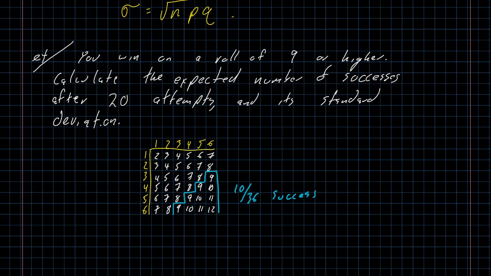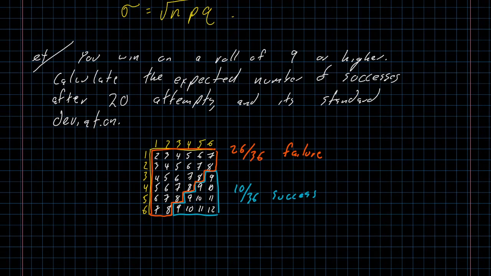And if you count this space in the bottom, you will see that 10 of the 36 possibilities lead to success. And then the rest, which amount to the remaining 26 out of the 36 possibilities, gives the probability of failure.